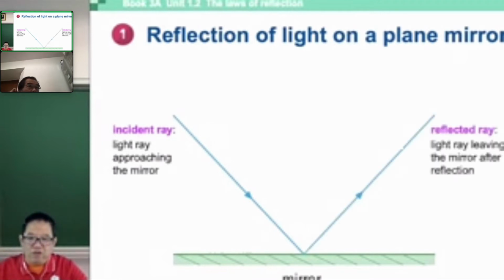It's a reflected ray leaving the mirror, and you can see that it should be at the same point. The point where it hits the mirror should be the starting point of the reflected ray. It will not submerge into the water in the mirror.